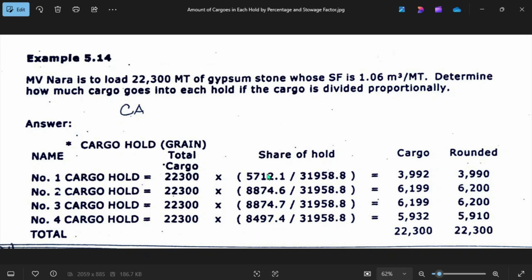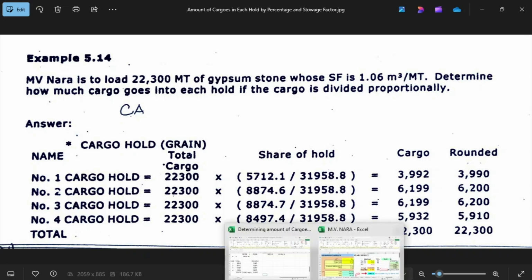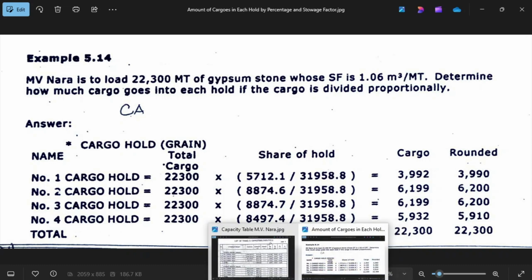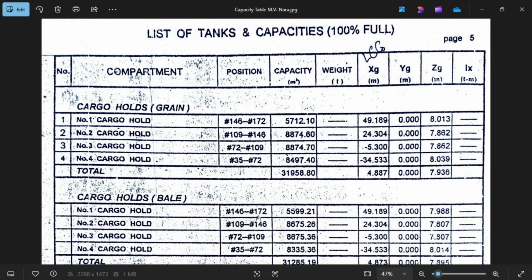So where did I get this one? The hold capacity. You can get it from the capacity table. So let's go to the capacity table. In hold number 1, the capacity table of hold number 1 is 5712.1.